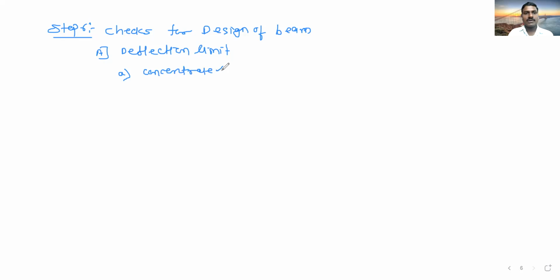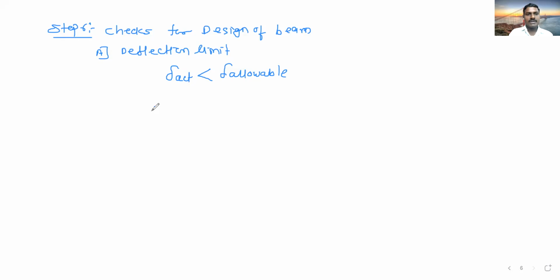Okay, so in the deflection limit, a concentrated load or point load is there. Actually, deflection limit means what? The delta actual should be less than delta allowable.